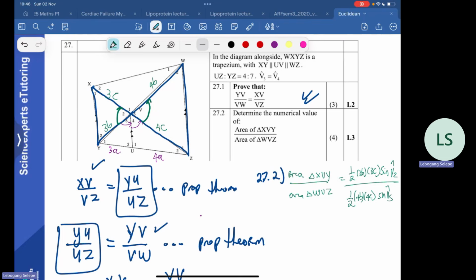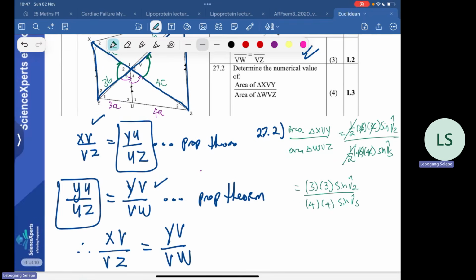So half would cancel half, the B's would cancel, the C's would cancel. Then at the top, I'm left with 3 into 3 multiplied by sine V2. And at the bottom, I'm left with 4 multiplied by 4 sine V5. But yeah, V2 and V5 are equal.